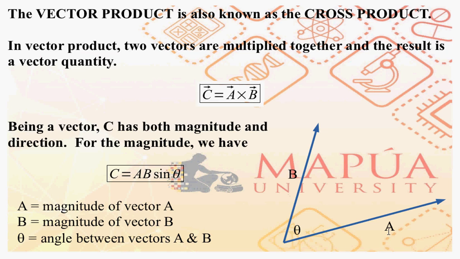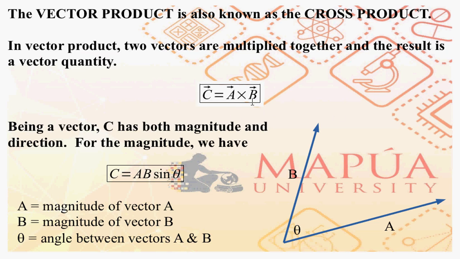So, first vector A, second vector B. If you reverse the multiplication, B cross A, B will be the first vector and A will be the second vector. So please take note of that. That will be very important in using the right-hand rule.